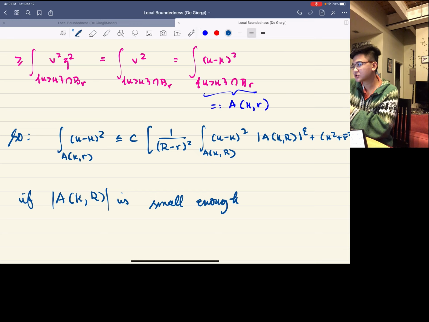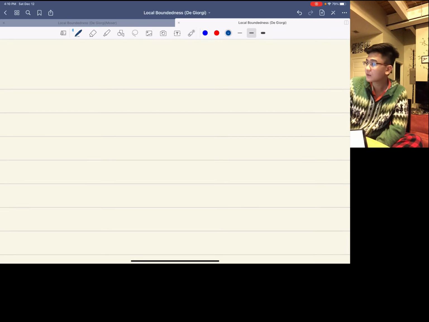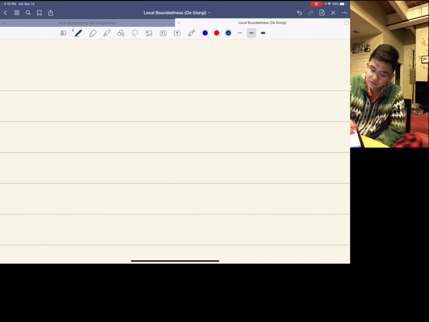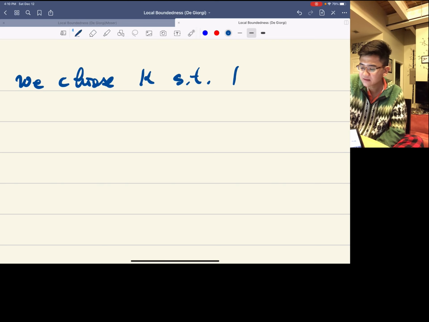So we're going to show now that it's actually possible to choose some k such that this set is going to be small. And how do we do that? Okay. So we choose k such that this is small.